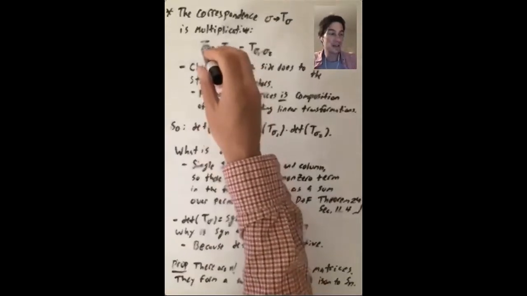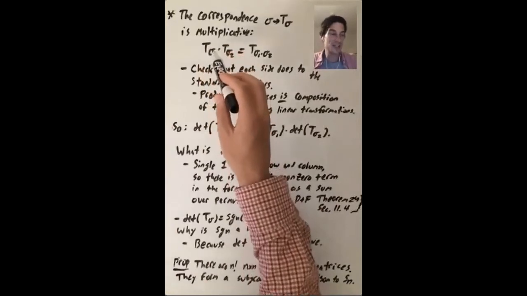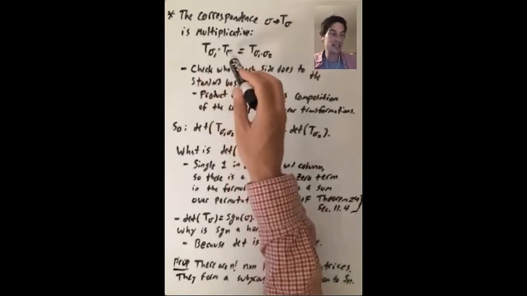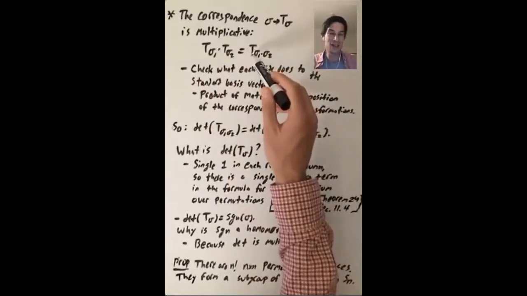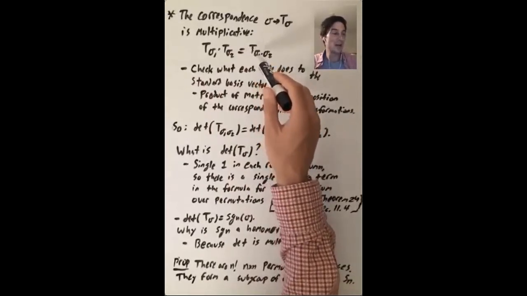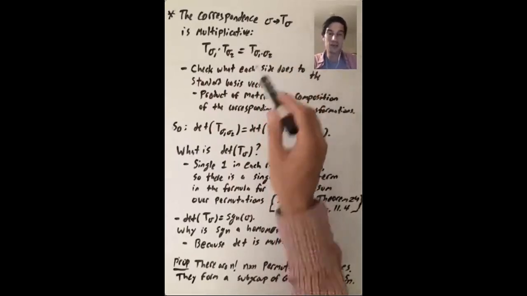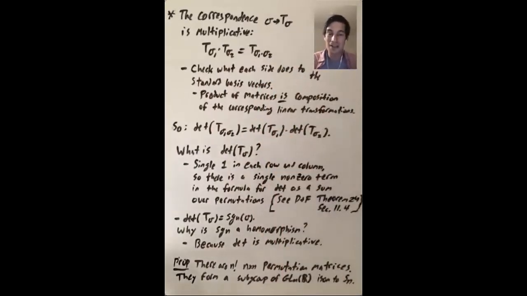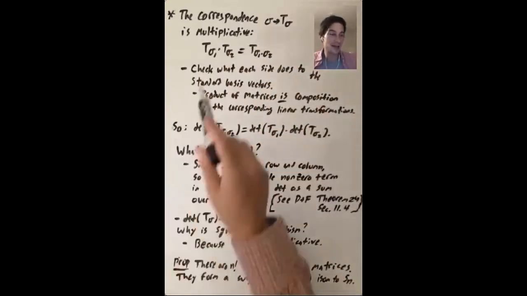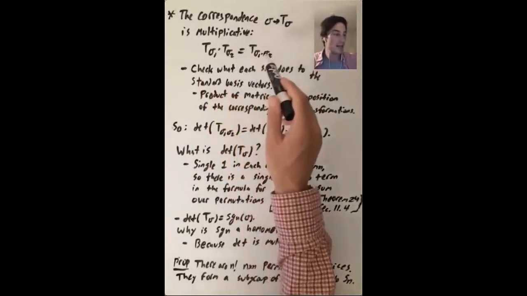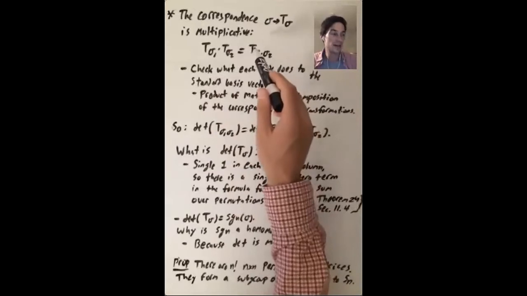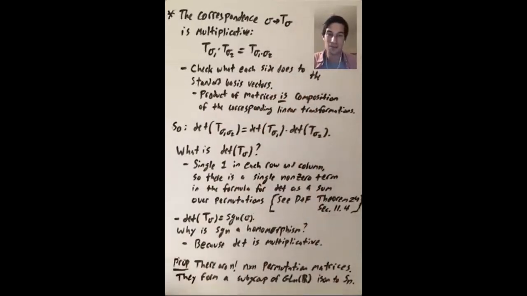That the linear transformation T sigma1 following T sigma2 is the same as the linear transformation corresponding to the product sigma1 sigma2. Or if you think of everything in terms of matrices, the matrix for T sigma1 times the matrix for T sigma2 is the matrix for sigma1 sigma2.